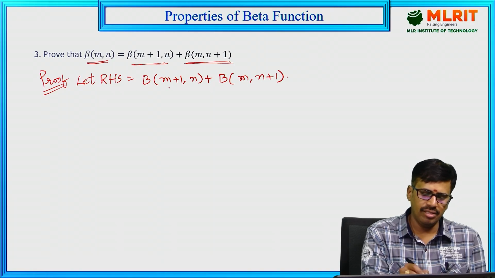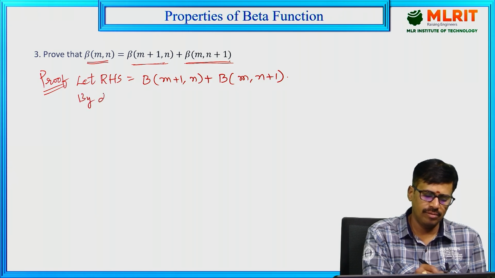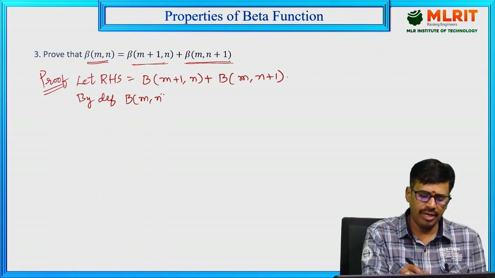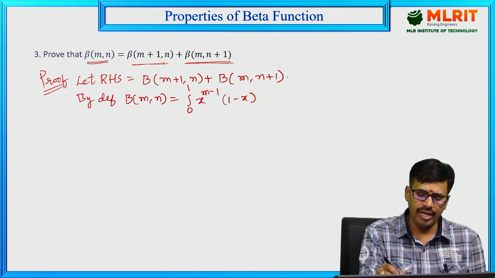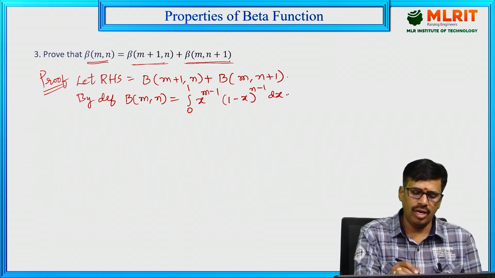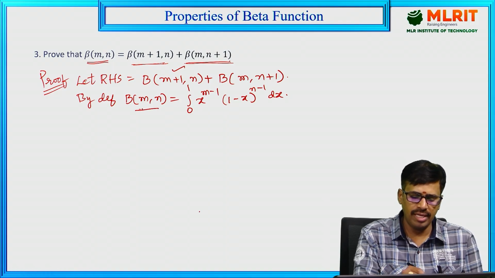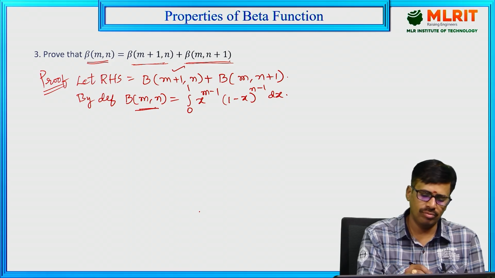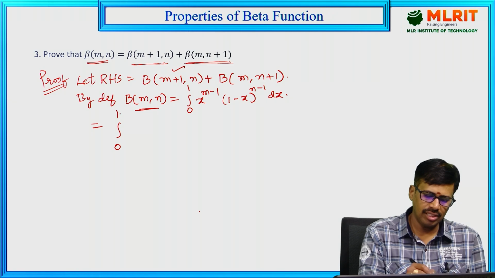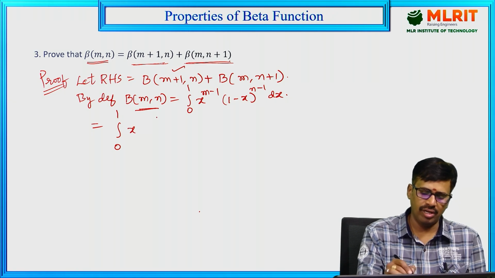By definition, we know that beta of m comma n can be written as integral 0 to 1 x power m minus 1 into 1 minus x whole power n minus 1 dx. Now I want beta of m plus 1 comma n, so in this just replace m with m plus 1. This can be written as integral 0 to 1 x power m minus 1.